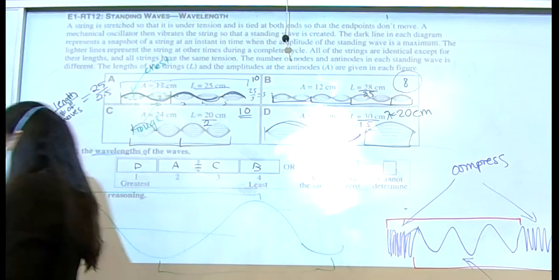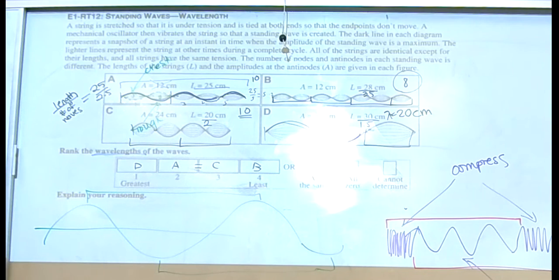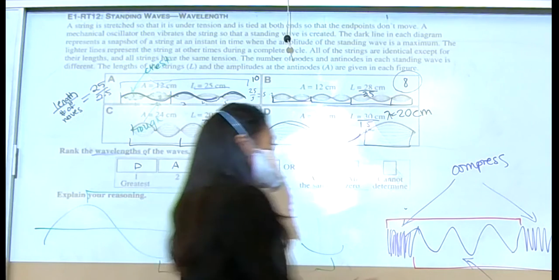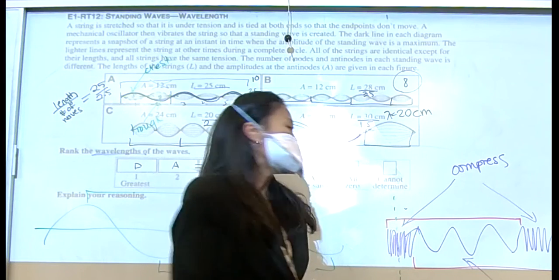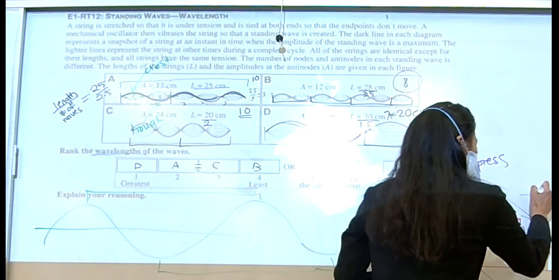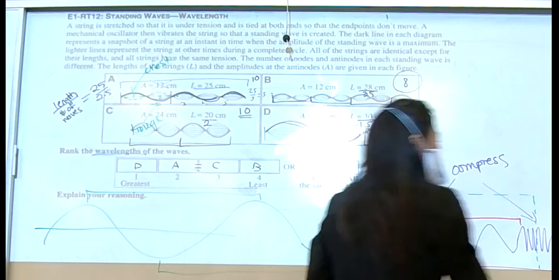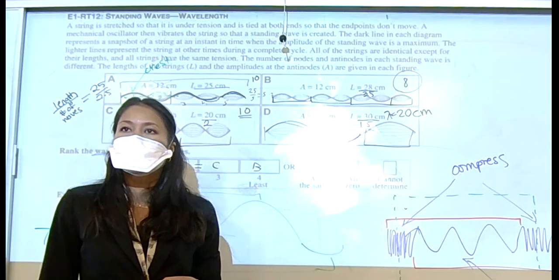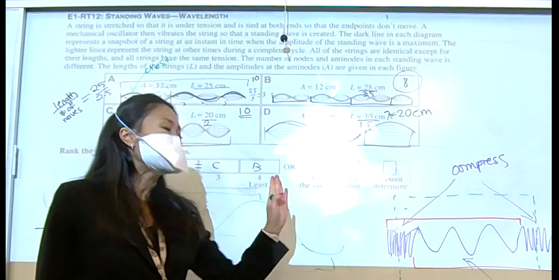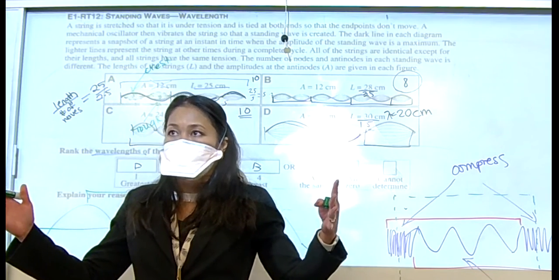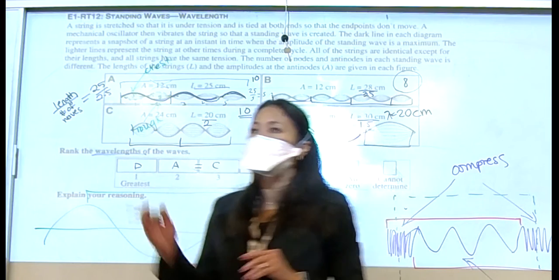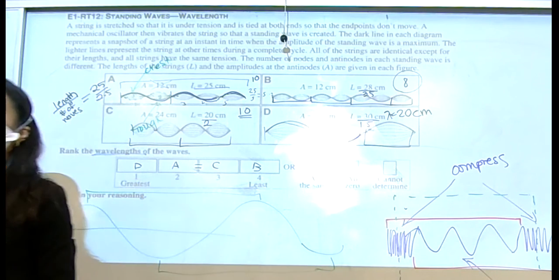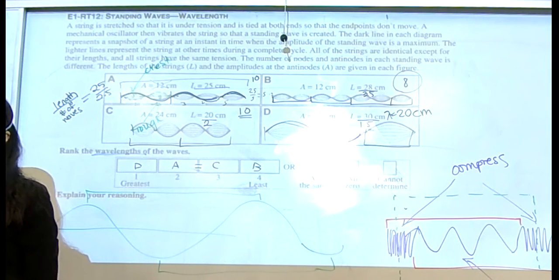Or if it's like your concept builder where they had a grid and the grid fell right in the middle of a compression, then you can go to the center of the next compression. So as long as you have one full cycle, meaning wherever you start is wherever you end in the very next cycle or the very next part of your wave, you've got a wavelength.